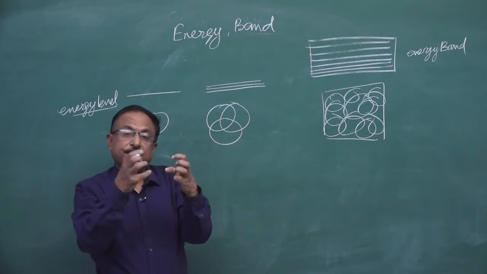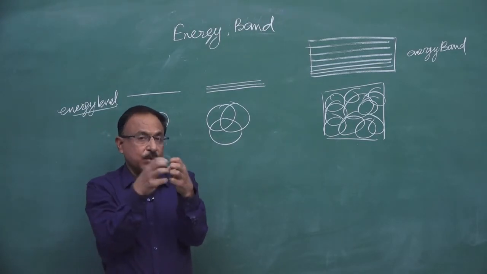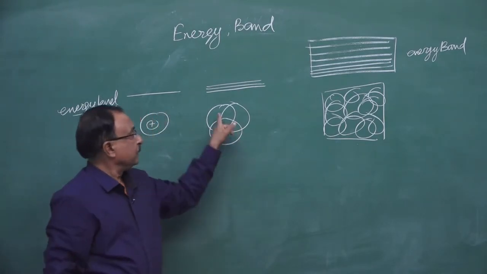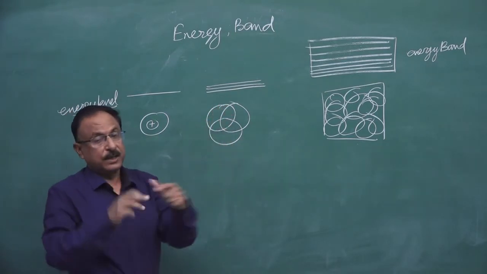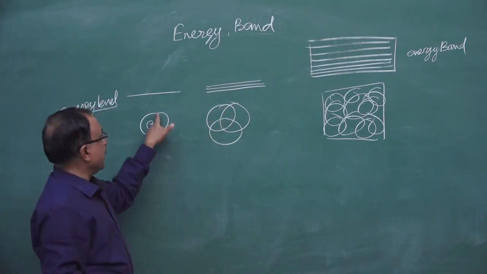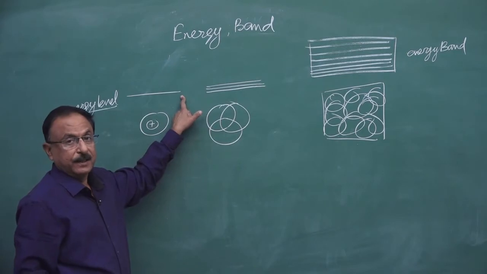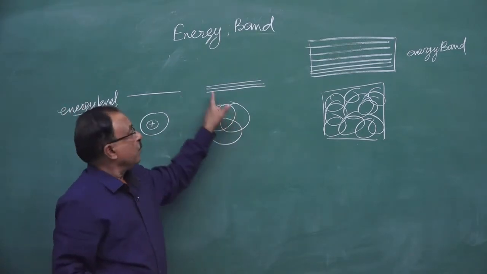Now if a number of atoms are closely packed, like 3 atoms, their outer orbitals, whose energy we represent by a single line, overlap.